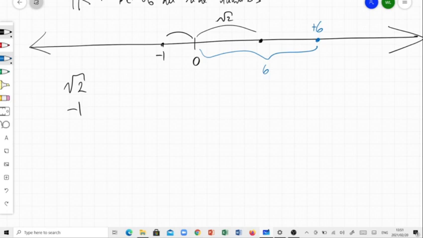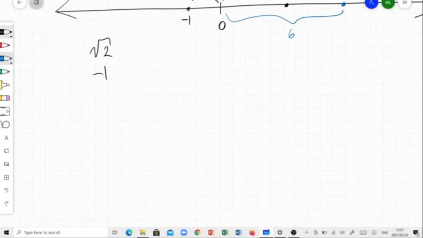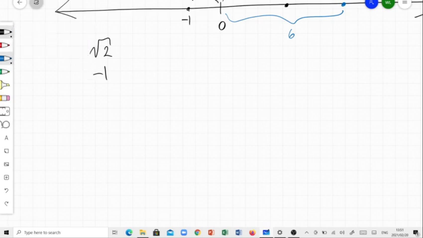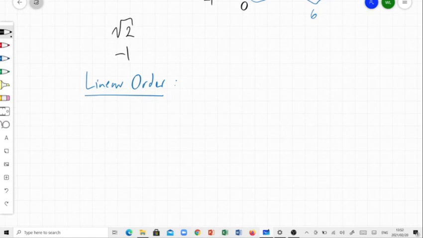Okay, and because of this line, we can establish order between the real numbers. Okay, and this order will be called a linear order, simply because the order is actually defined by the line. So let me be specific.